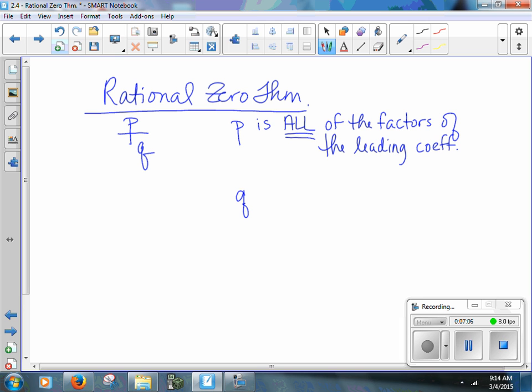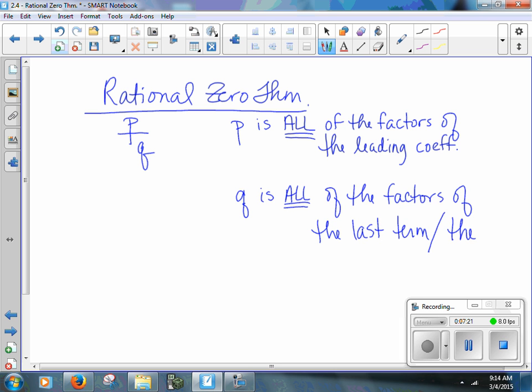Q represents all of the factors of the last term, the constant.